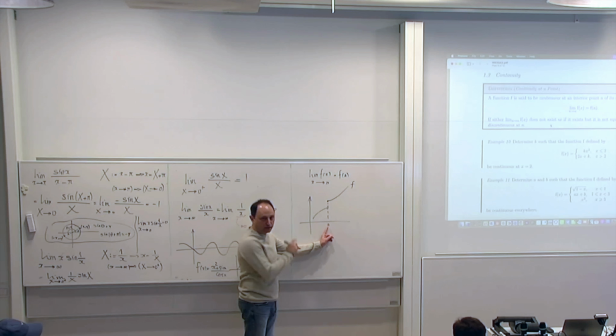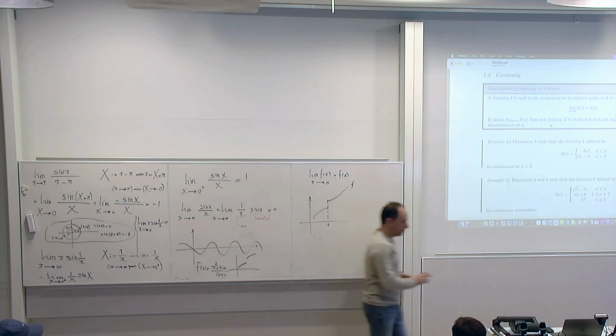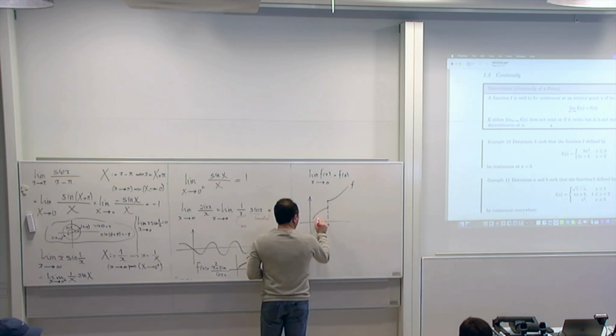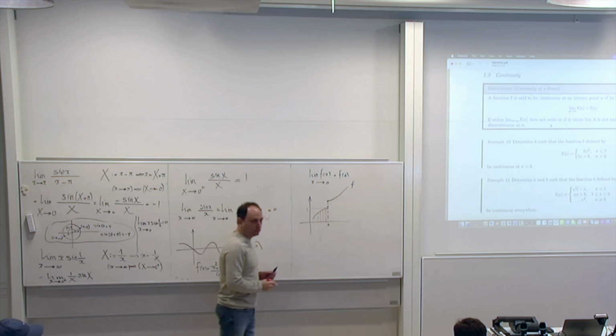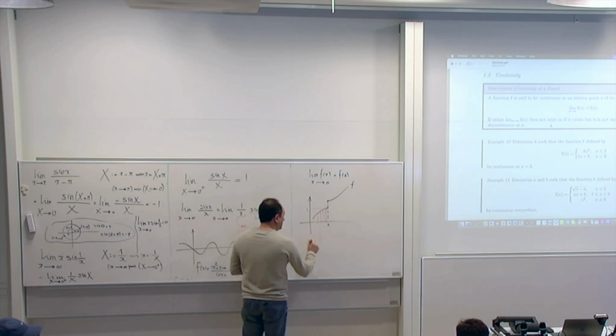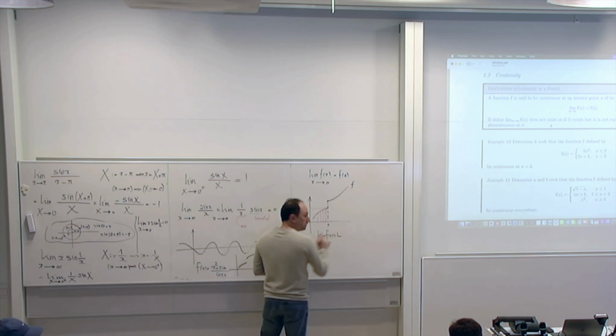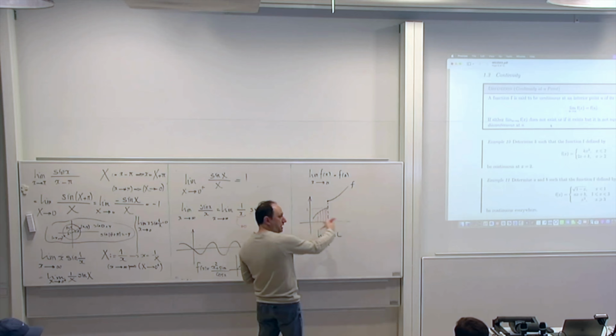This is clear. But let me show you that this also does not satisfy the definition. Why not? If I approach a from the left-hand side, you see these heights are increasing. They will stabilize around the point, let me call it L. So intuitively, the limit of f of x when x approaches a from the left-hand side is L. But now let me approach a from the right-hand side.